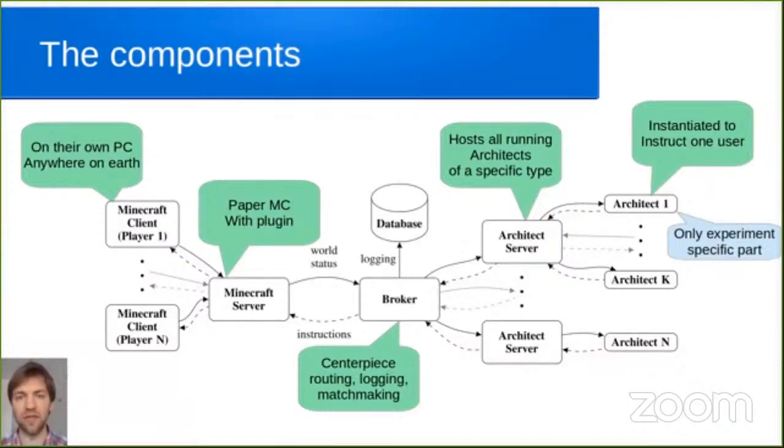They instruct the user, and for example, in an experiment, you could compare a dumb architect to a sophisticated architect. In that case, you would have two different architect servers, and both architect servers would host one type of architect, and then each architect will correspond to one player and instruct the player.